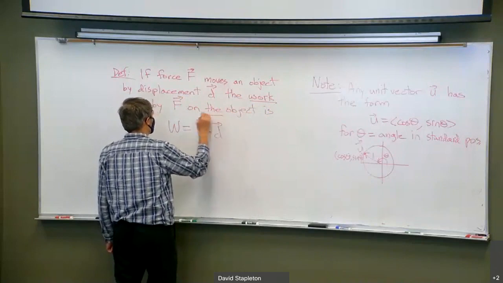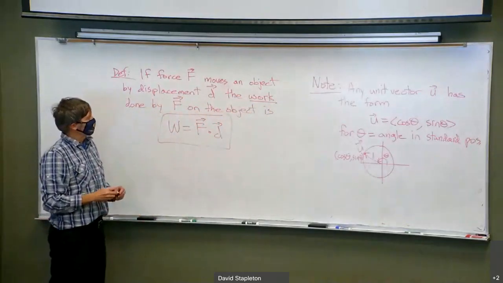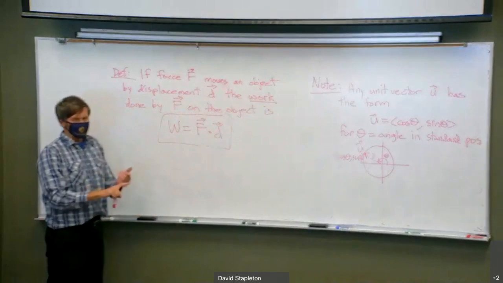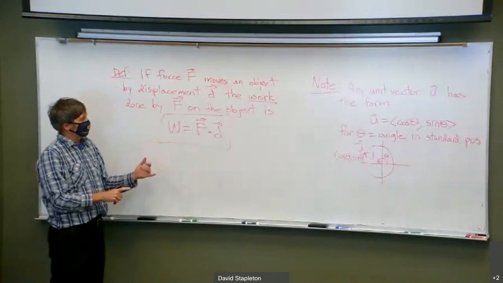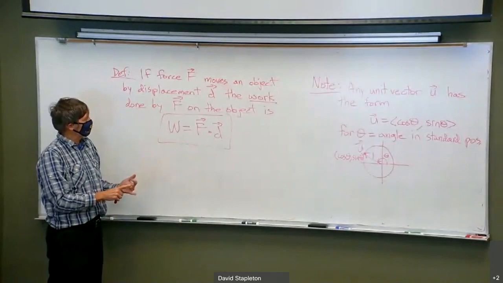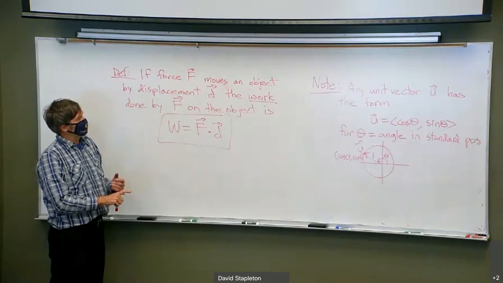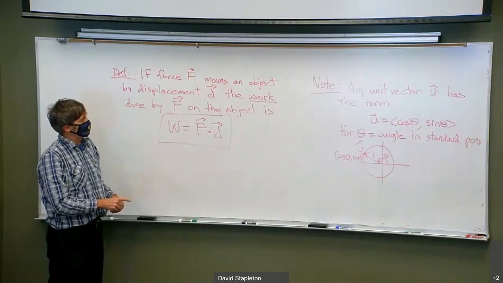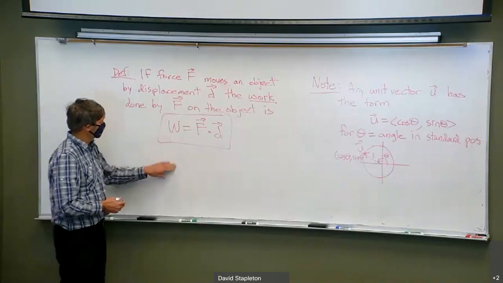So the dot product also defines work. Look at all those great things we got. The dot product we saw last time tells you the angle between two vectors. We saw also that it tells you the projection of one vector onto another. And now it's also going to do work here for us.